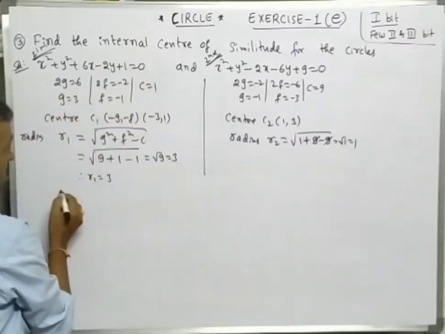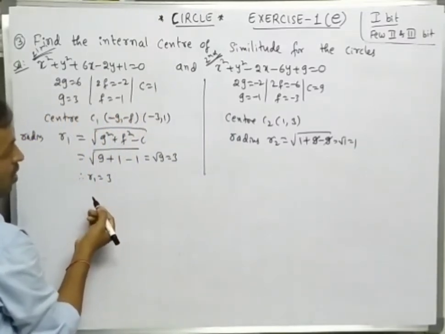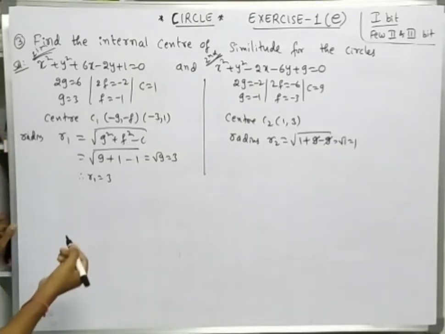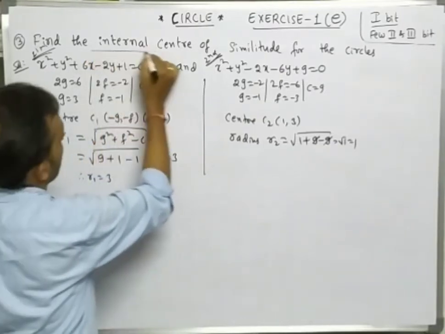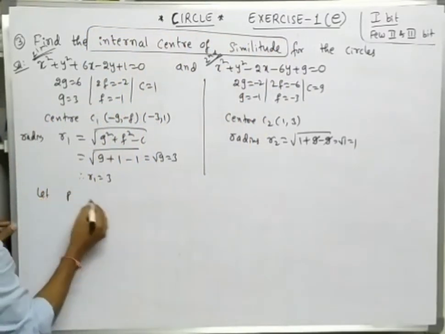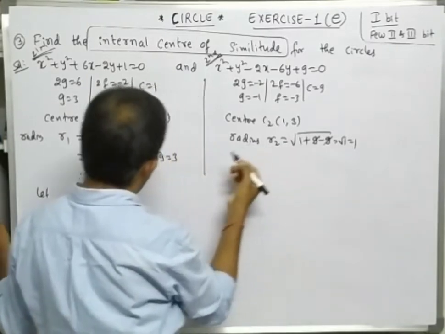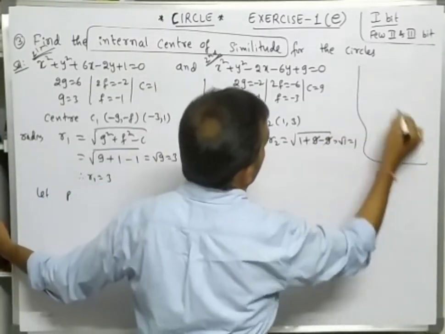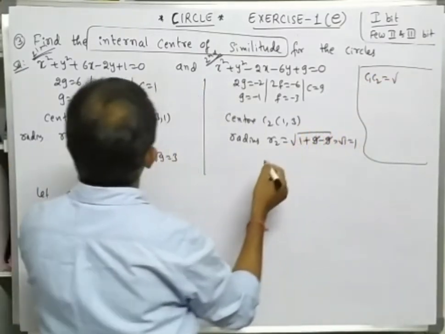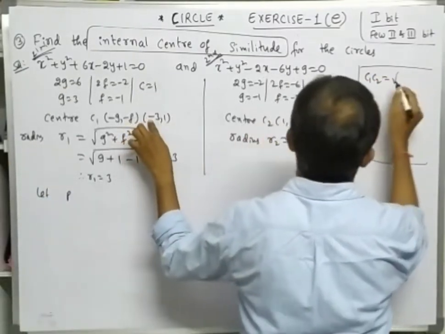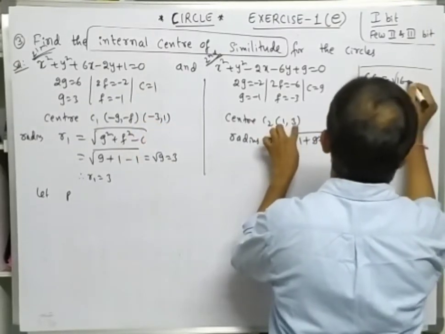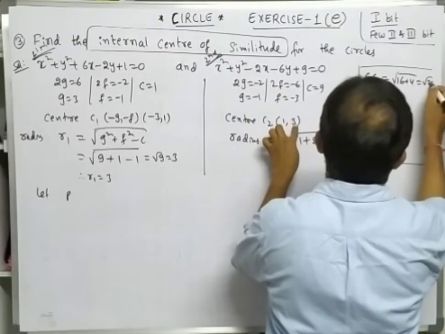Next, here there is no need to find C1 C2 and the relation. So directly the question is the internal center of similitude. Let us check how the circles will be. C1 C2 means under root of (-3 - 1) whole square 16, plus (1 - 3) whole square 4, 16 plus 4, root 20.